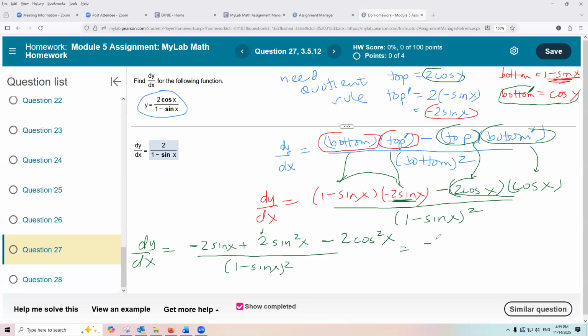So this is going to be negative 2 sine x minus 2 times sine squared plus cosine squared, all over 1 minus sine x squared. But this parenthesis, sine squared plus cosine squared, you remember that as a famous trig identity. That's equal to 1. So what we're left with is negative 2 sine x minus 2 over 1 minus sine x squared.